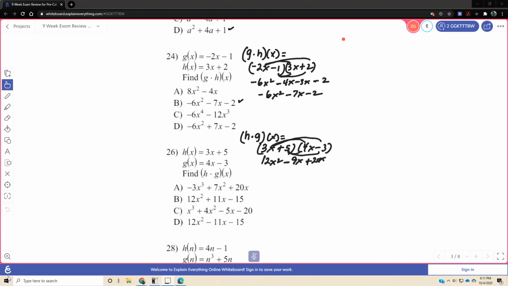And then 5 times negative 3 gives you negative 15. So you have 12x squared plus 11x minus 15. So your answer is D.